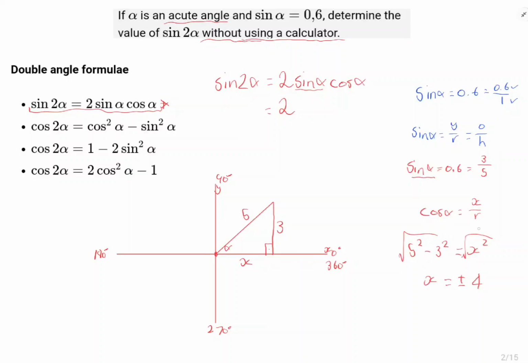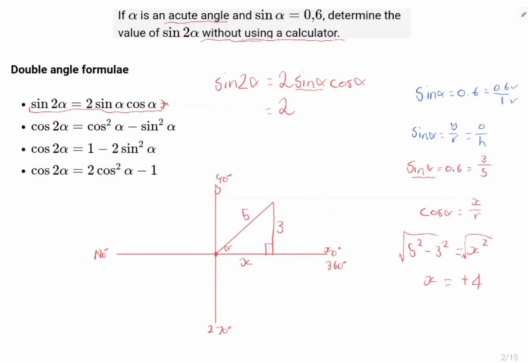Remember, when you square root something, the answer is going to be either positive or negative. But since you are working on a positive x line, it's going to be positive 4. If the triangle was flipped over to this quadrant over here, maybe they said it was an obtuse angle, then yes, it probably was going to be negative 4. But we are working on a positive x line, so we're sticking with positive 4.